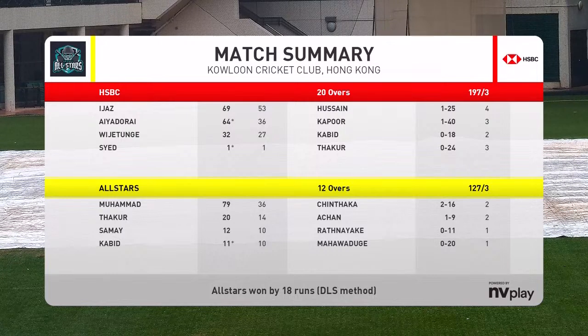Allstars win by 18 runs, you can see on the screen. I'm going to give the player of the match to Mohammed Istiak for getting the Allstars the win today. Sad outcome, but the Allstars get their first win in the competition for Grade 1 of the KCC Morning League.